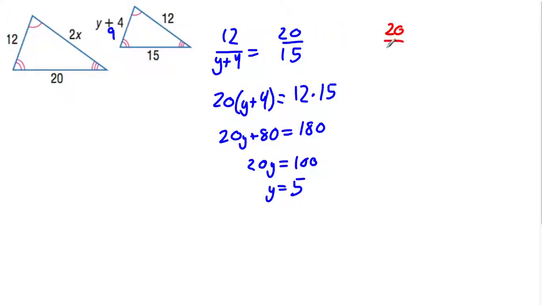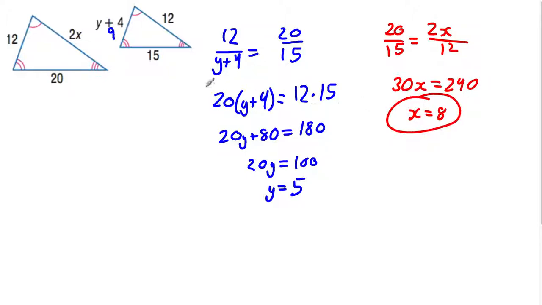So I could say, hey, 20 to 15, that's going to be equal to 2x to 12. And again, cross multiply. So I get 2x times 15 is 30x is equal to 240. So x is equal to 8. So that means that this side is 16.